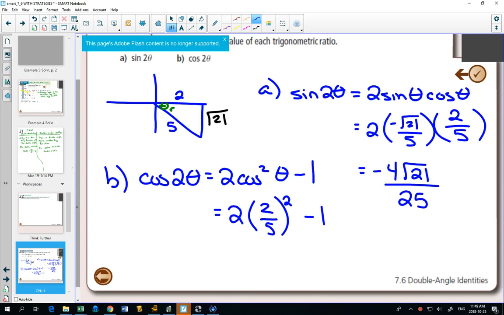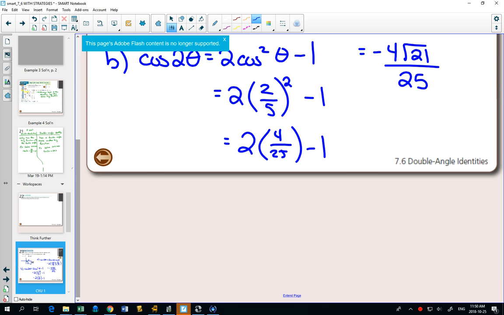Order of operations, what do you do first? You square. So this will be 4 over 25 minus 1. How do I multiply by 2? 8 over 25. How do I subtract fractions? Need a common denominator.